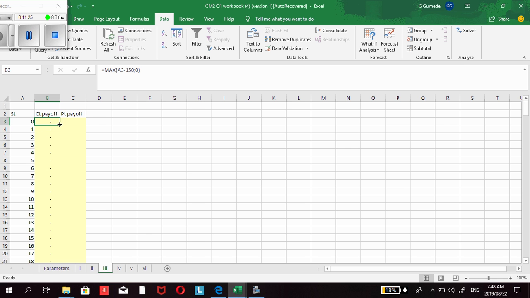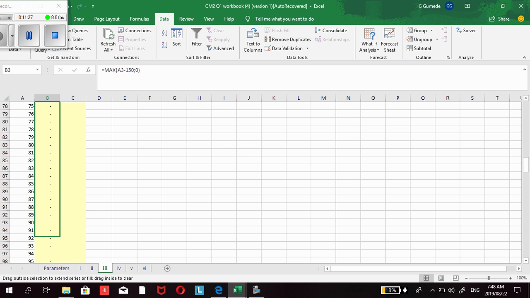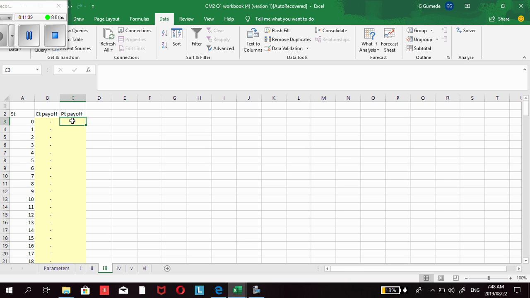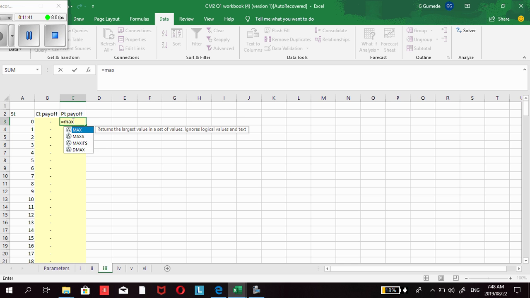So let me drag the correct formula down. And I'm going to have this. And you remember the payoff of the put option is equal to the maximum of the strike price, which was 80, minus your share price, which will be this. So the maximum of this and 0. So this formula will pick the maximum.